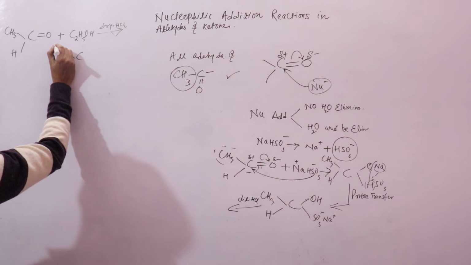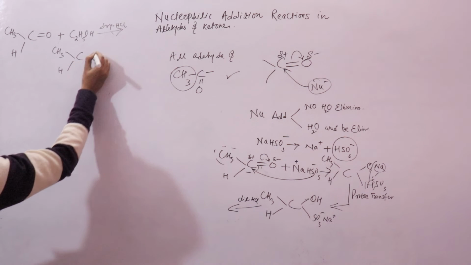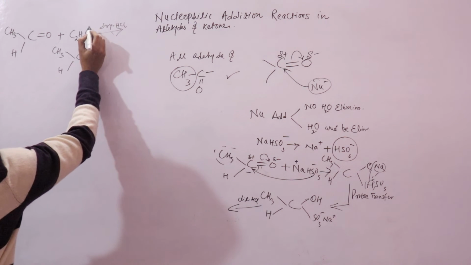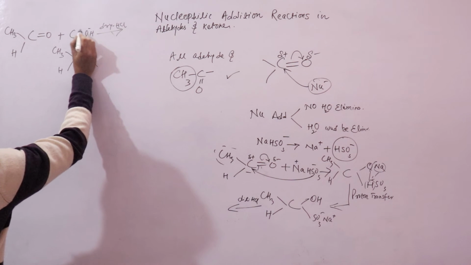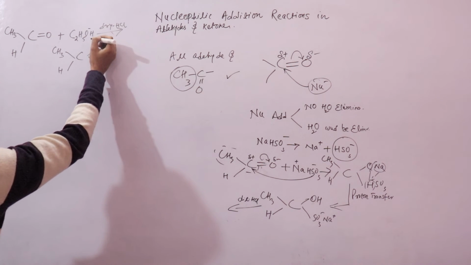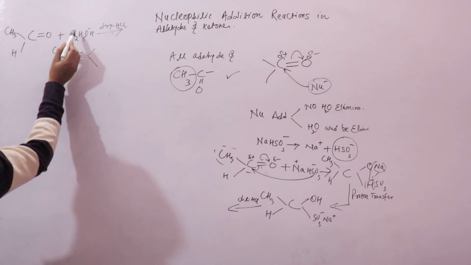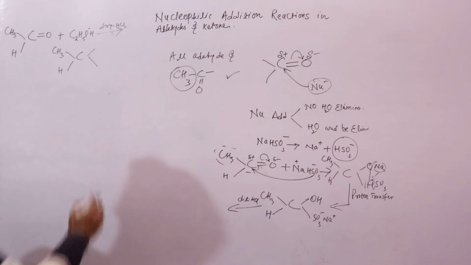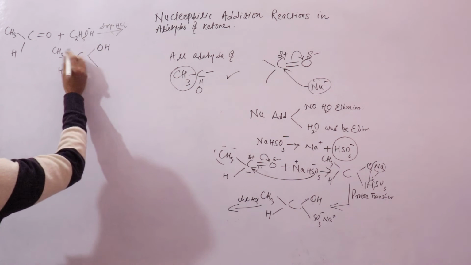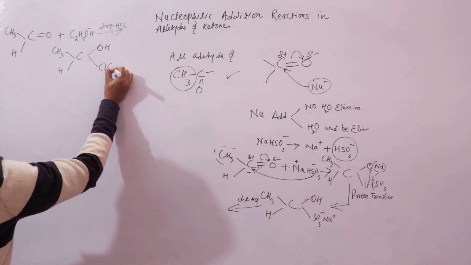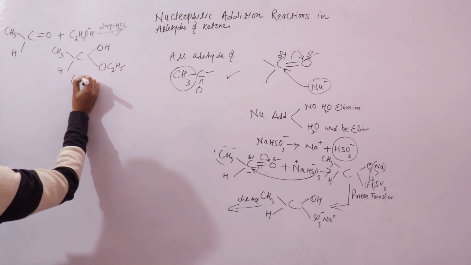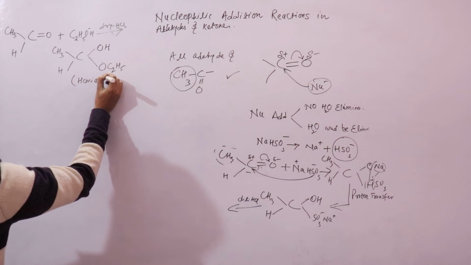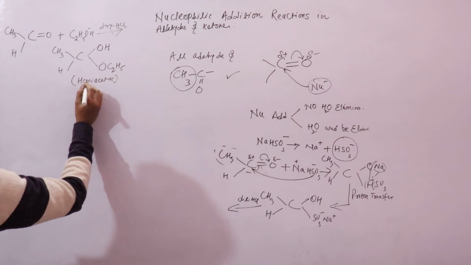OH is the nucleophile which will go to this carbon, and the C2H5 will come to this. This is your hemiacetal.